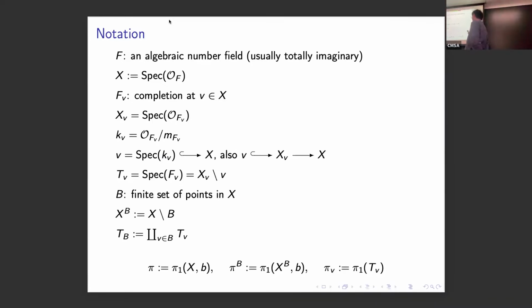These groups in particular are so-called étale fundamental groups, which sometimes can be thought of as Galois groups. Usually this is the Galois group of some restricted ramification field, and this is the Galois group of a local field. This is also the Galois group of what's usually called the maximal ramified extension.